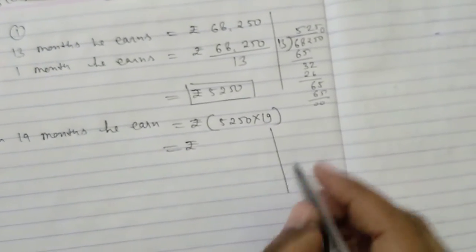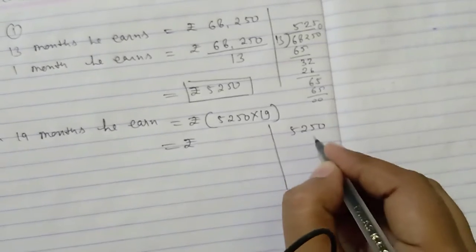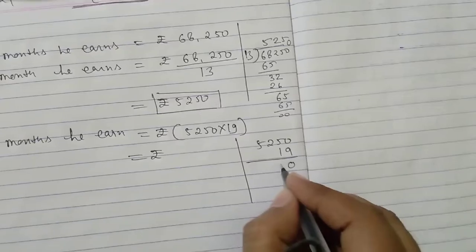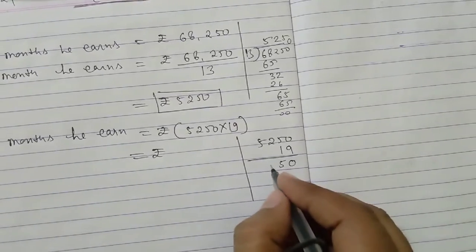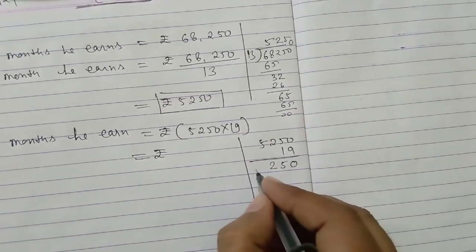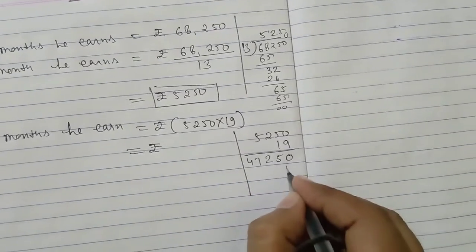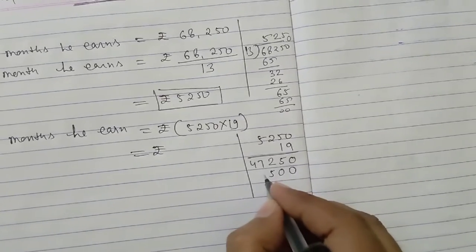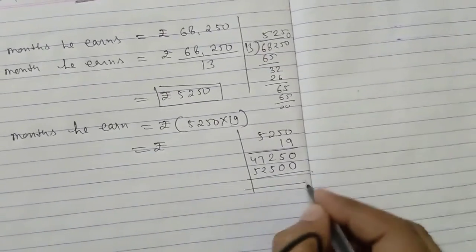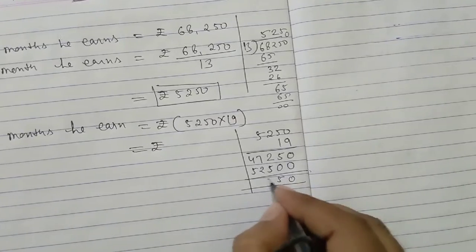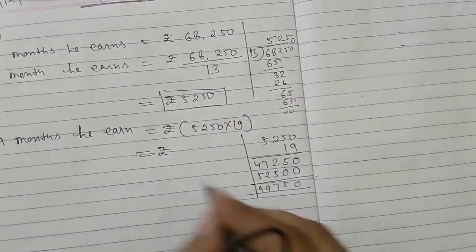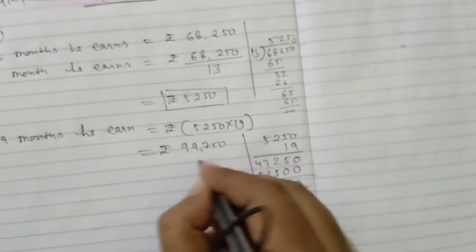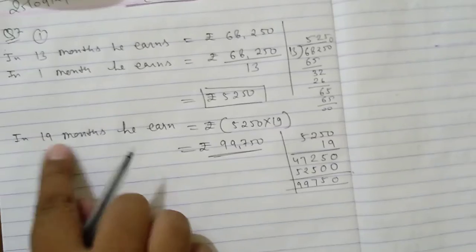Working area: 5250 multiplied by 19. 9 times 0 is 0, 9 5s are 45, 9 2s are 18 plus 4 is 22, 9 5s are 45 plus 2 is 47. Then 1 times 0 gives 0, 1 5 is 5, 1 2 is 2, 1 5 is 5. Adding the numbers: 0, 5, 7, 9, 9. So we have 99750. This is the earning in 19 months.